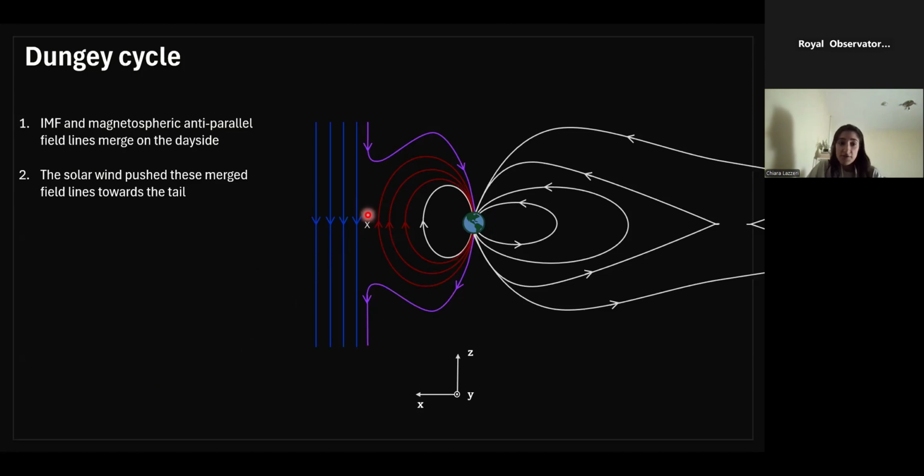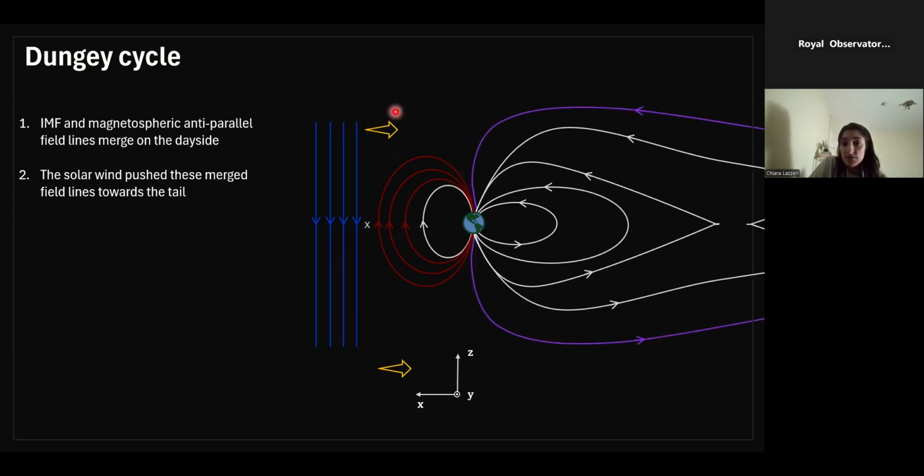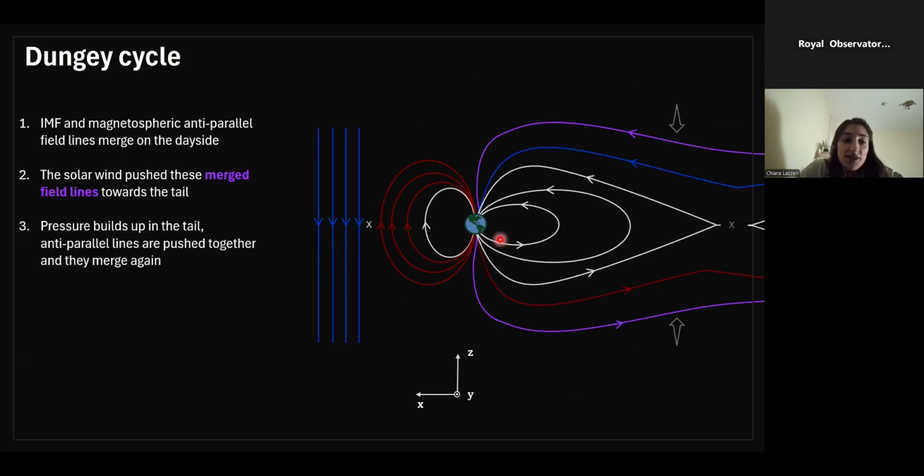but they're also influenced by the solar wind that keeps coming in. So this solar wind pushes these newly merged magnetic field lines towards the tail, and this is where they accumulate. The accumulation of magnetic field lines here causes some pressure in the tail, which is indicated here by these gray lines.